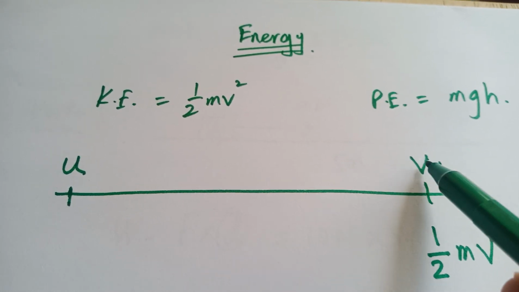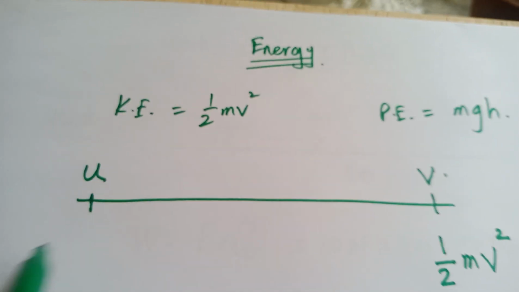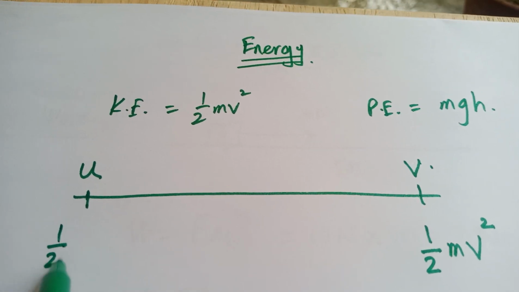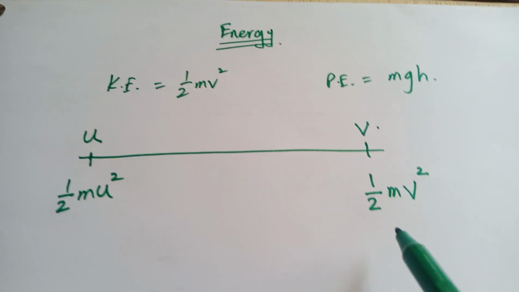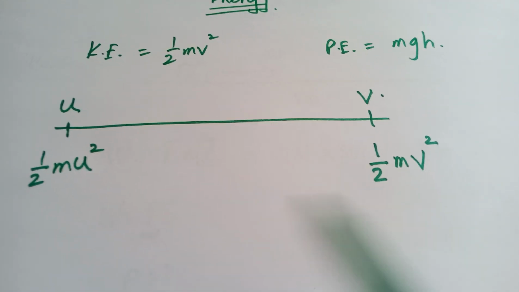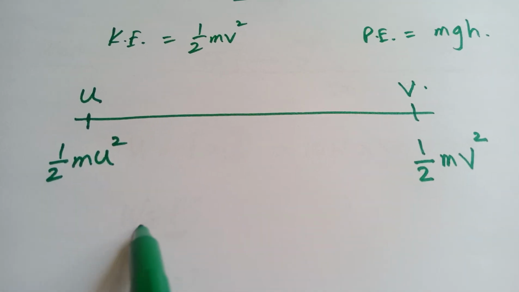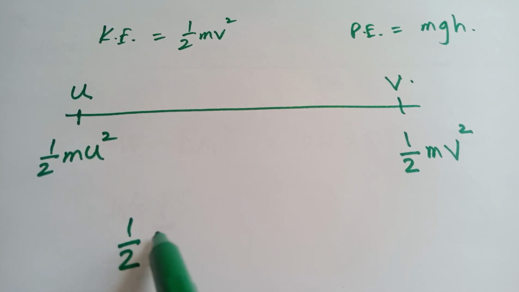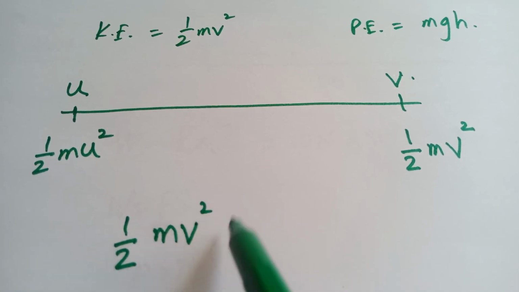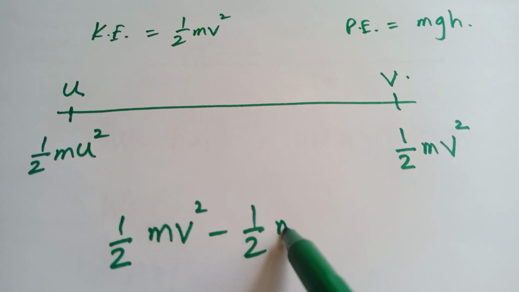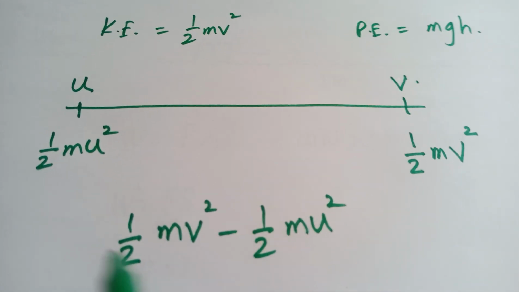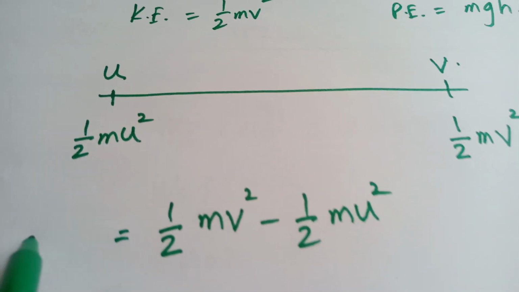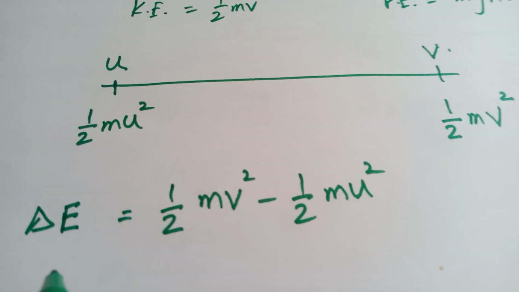Obviously energy depends on velocity, and here the energy would be half mu square. Now you want to see what is the change in the energy. So that would be half mv square minus half mu square. That is the change in the energy. So I can call this delta E, the change in energy.